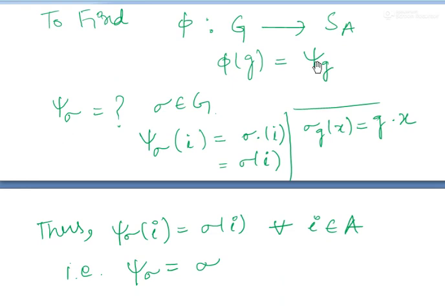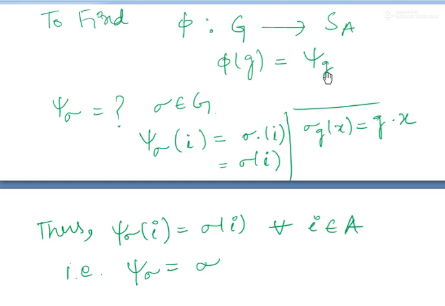And what is g? g is some element of the group Sn, and we are denoting the elements of the group G by sigma. So we have to determine psi g for every g belonging to G. But as we are denoting the elements of group G by sigma, we are using sigma notation in place of g, because for permutations we use the notation sigma.